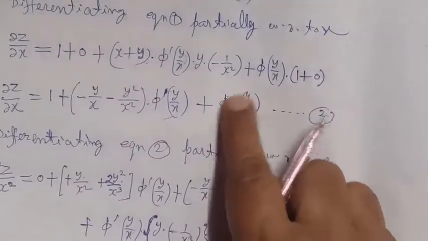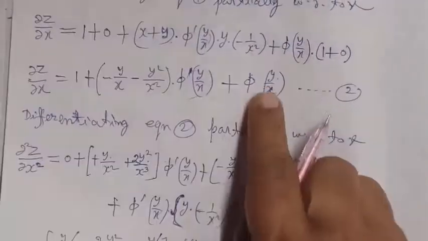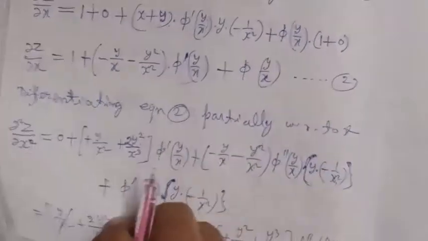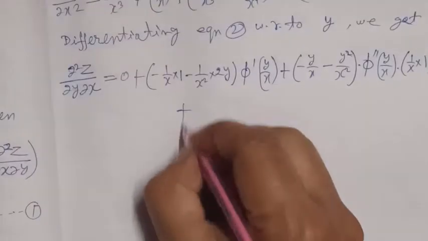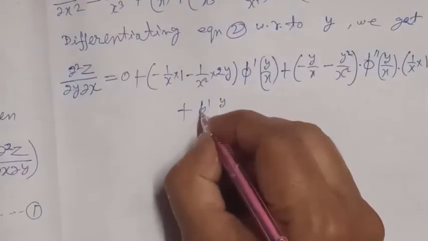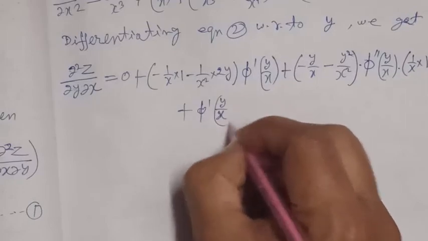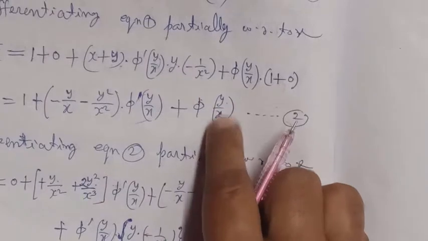Now the third term we have to differentiate, and differentiation of this term becomes phi dash y upon x, but it is also not y, it is a function of y upon x.